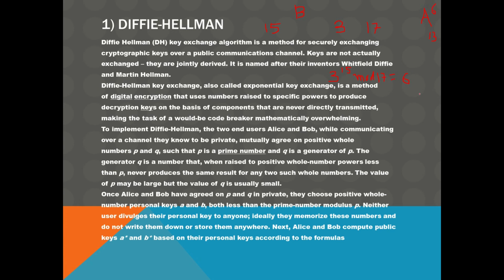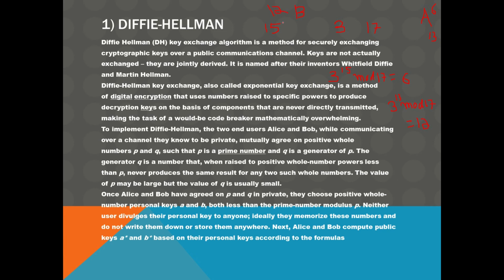And Alice also does the similar thing. She calculates 3 to the power 13, which is her private number, modulus 17, which gives her 12, which she then sends to Bob.